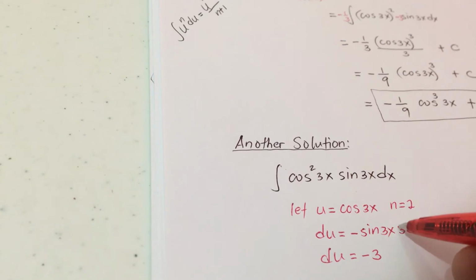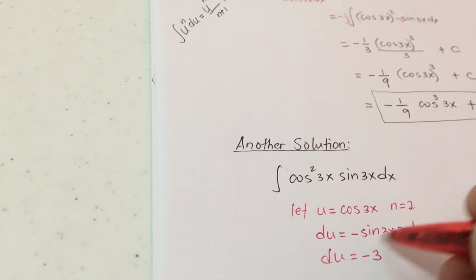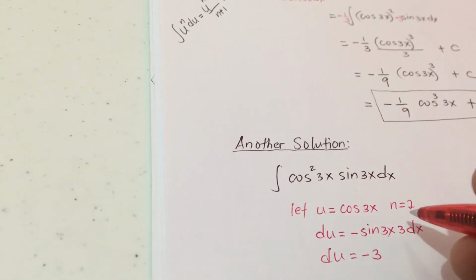So you write the constant in front of the trigonometric function sine.